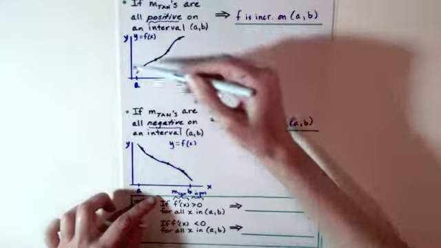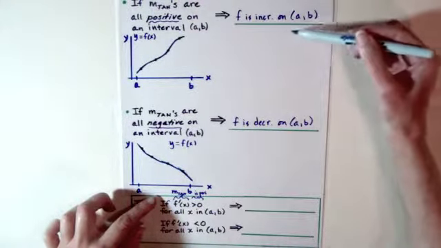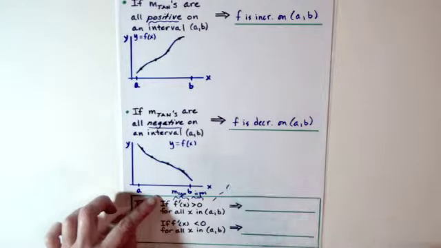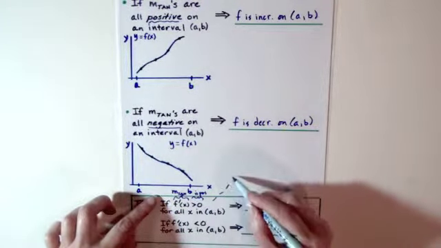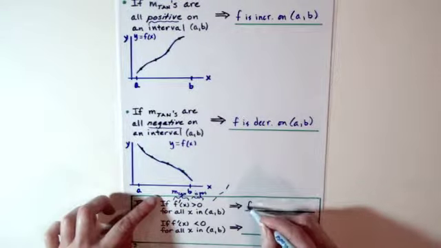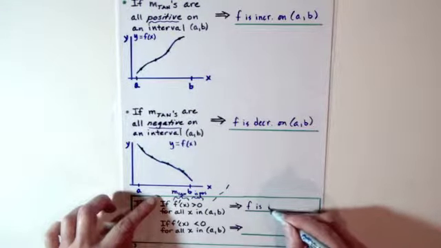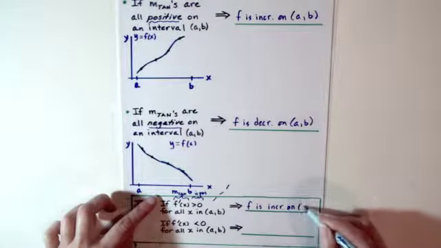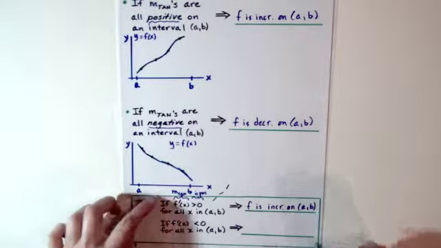And we just got through saying if that was true, it meant we had an increasing function. It means that the tangent line slopes look like this, and so the only function that can go along with that is one that is increasing. So we could go ahead and say f is increasing on that open interval from a to b.